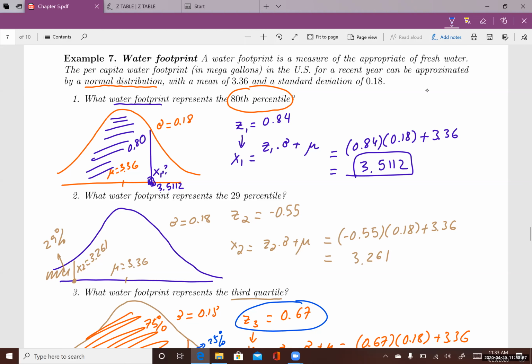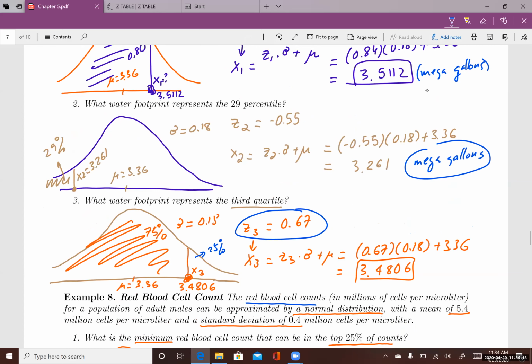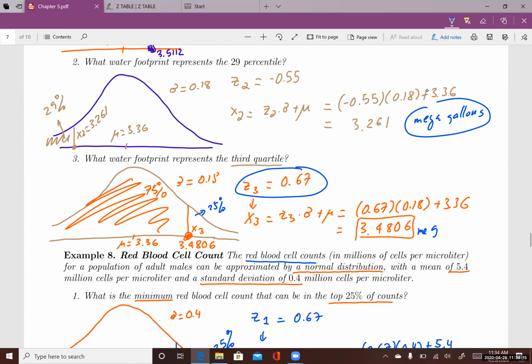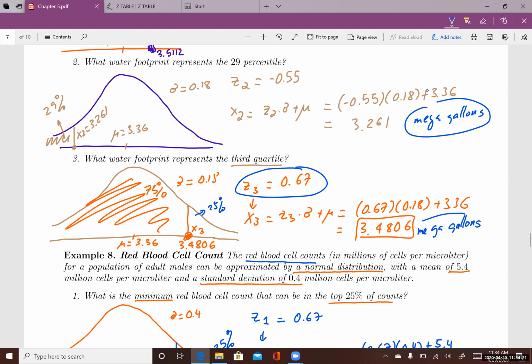So mega gallons. When you find the values, your value should come with a unit, right? If you find probability, then it's just probability. Percentage, then you have percentage as a unit.